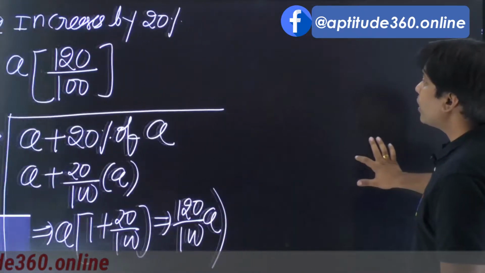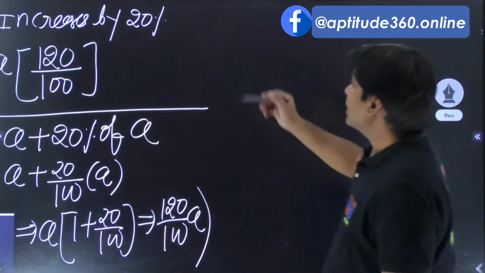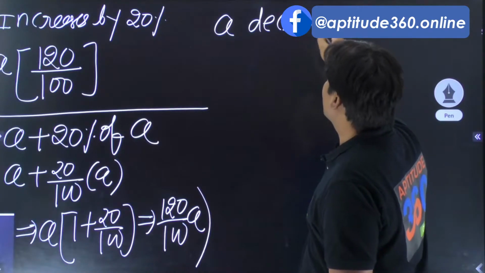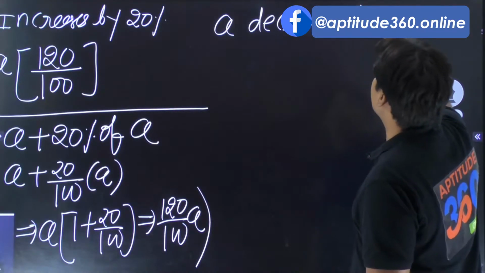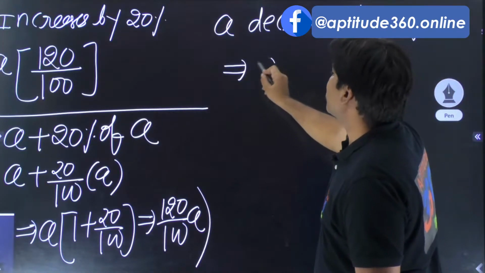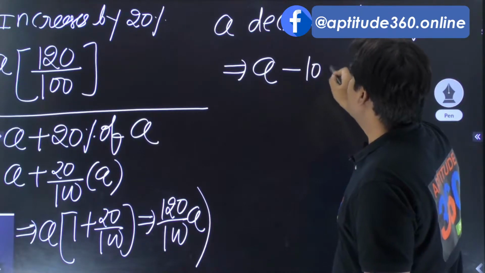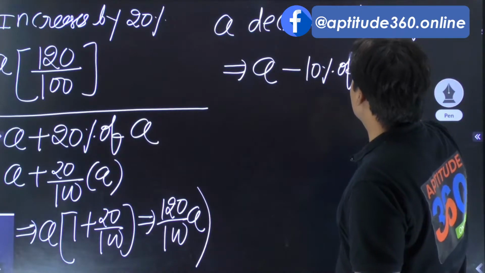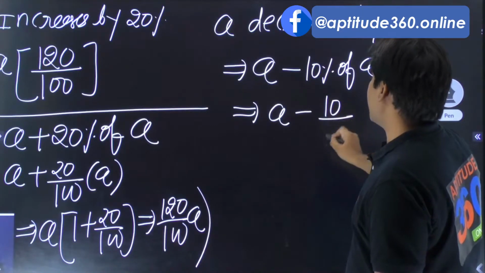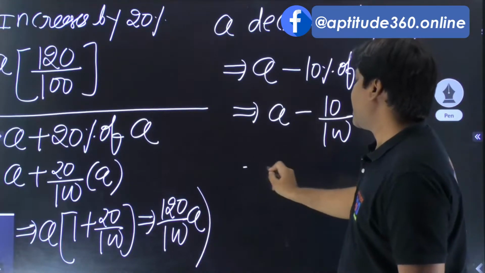Now, what if I write A decreases by 10%? So what is going to be the final value? It is going to be A minus 10% of A. And if you really want to simplify this, probably that answer would be there in your head now. You can figure it out.